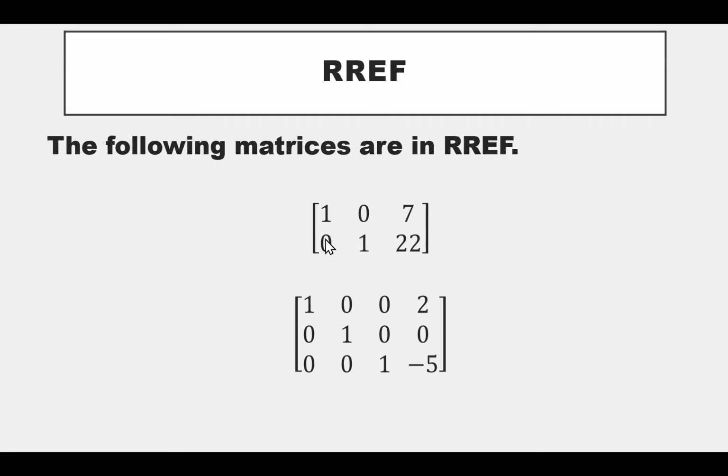This is what we mean by stair-step effect. We go down and to the right to hit our next pivot position. Now I can't go down anymore, so we're done here. So there's zeros below the 1s, zeros above this 1, and the pivot positions of those 1s move down and to the right.